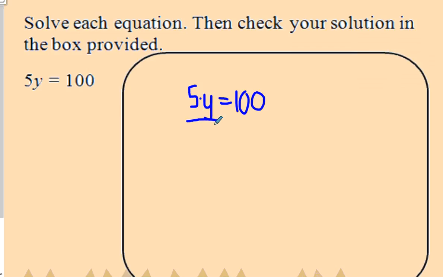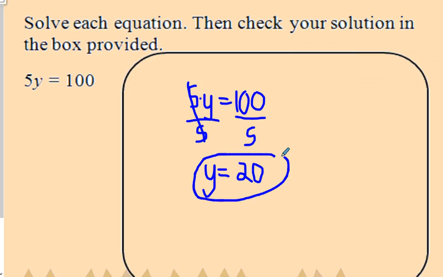I'm going to divide both sides by 5. 5 divided by 5 is just 1, so I'm going to cross it out. I'm left with y on this side. Then 100 divided by 5 is 20. So my answer is y equals 20.